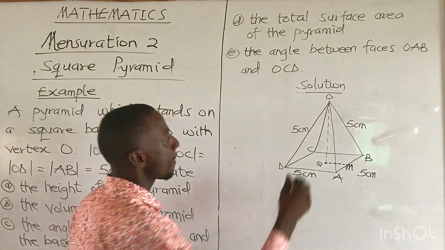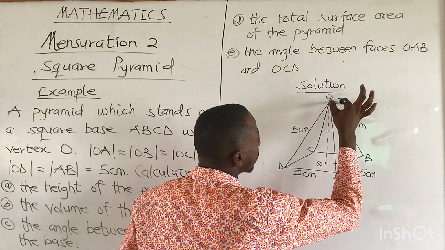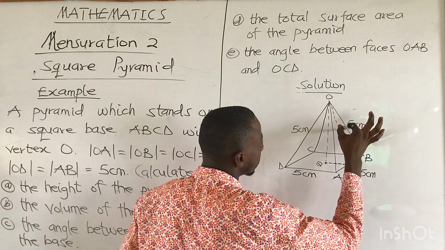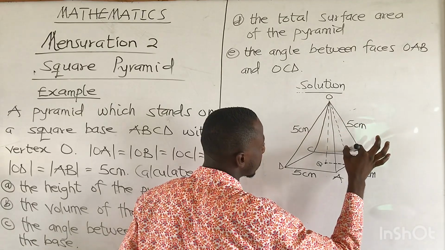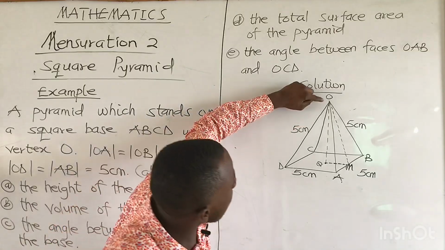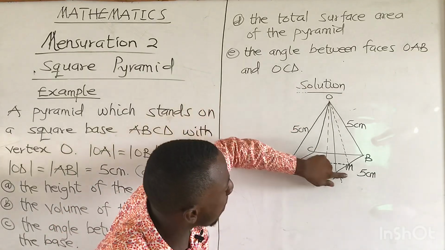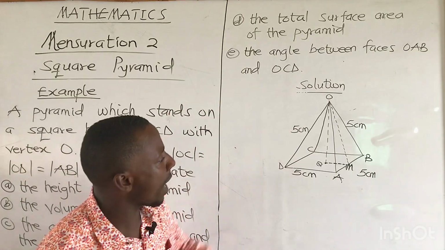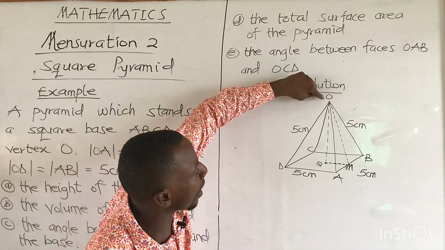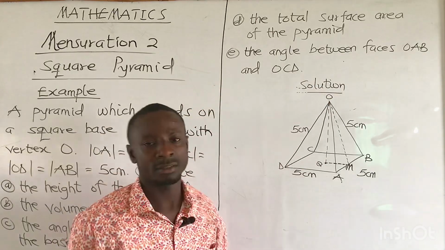And again, we need to also get the distance here. All right. Now we need to also get OM. Now OM from here is the height of triangle OAB.